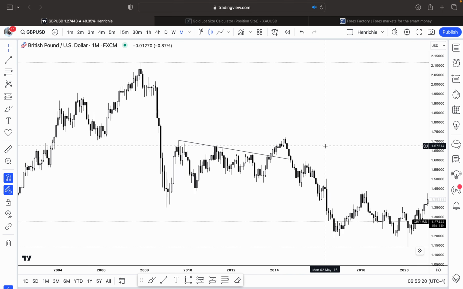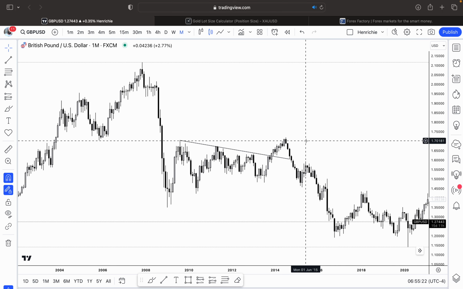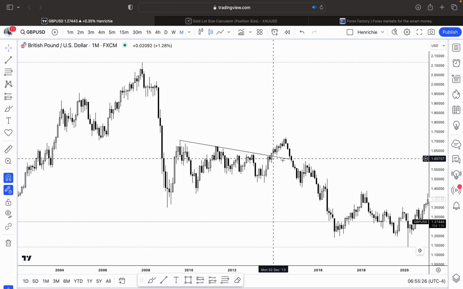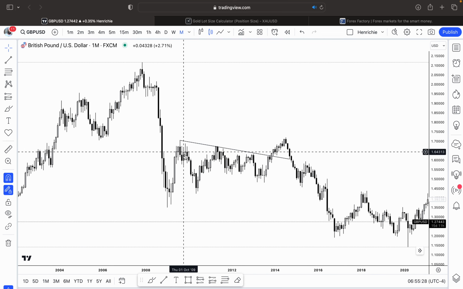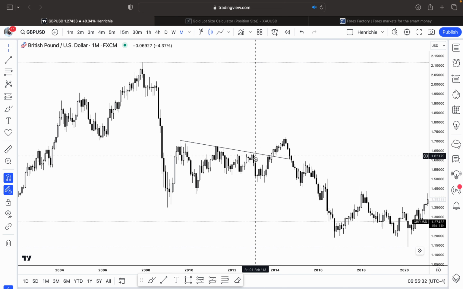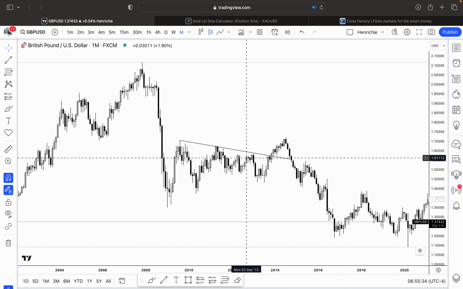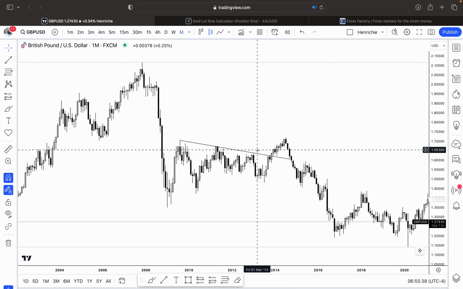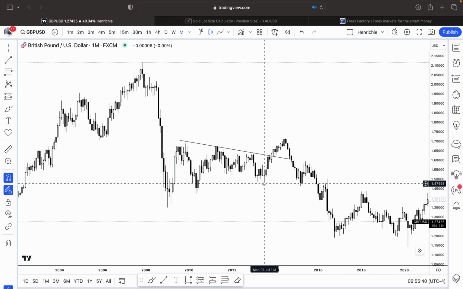Until I figured out that the problem was that this is liquidity. This is buy side liquidity. The moment the market has come here again and again and again, it piles up a lot of liquidity. A lot of traders will be going short from here. And then what does the market do?